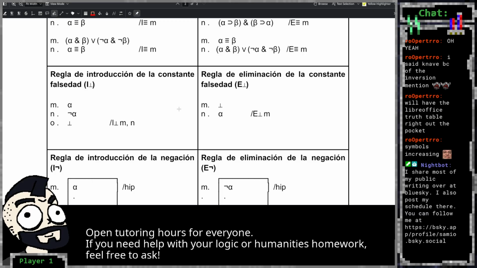So every step in our chain has to be justified by either being a premise or by being a transformation justified by one of our 12 rules. And that is it.